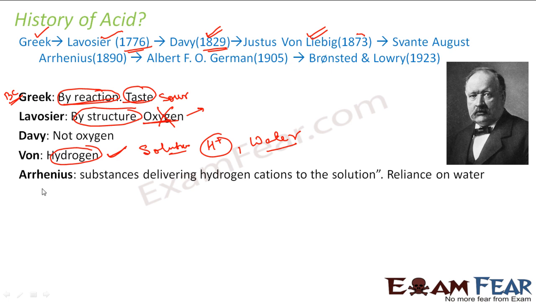Then this guy Arrhenius, in 1890, told that we should not rely much on water, because there are acids which don't need water also, right? And there he told that the substance which delivers hydrogen cations, H plus ion, to solution is an acid.